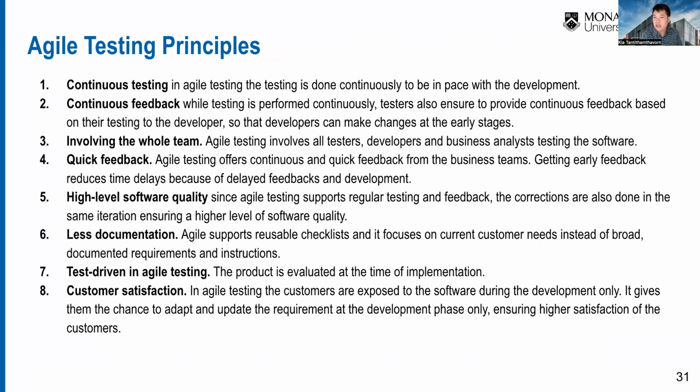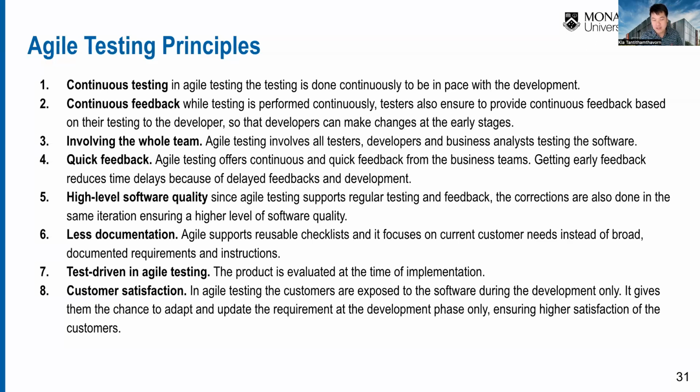Okay, it should be done continuously throughout the software development process. Okay. And when we test continuously, we can provide continuous feedback to the developers as well. Okay. And agile testing means testing is the whole team's responsibility. We want to get quick feedback as much as possible.